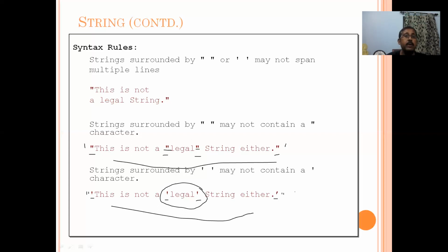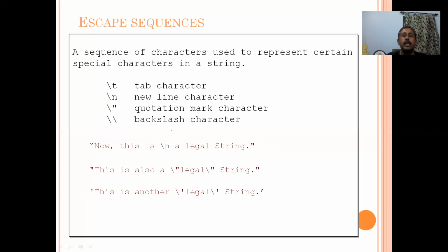Escape sequence is a very important concept which is required when doing Python programming to simplify the syntax. How do we do this? There are a few escape sequences. For example, for the quotation, I can just give a backslash and then the double quote. Likewise, I can give a backslash before the double quote, and then when I include another double quote, I give a backslash.